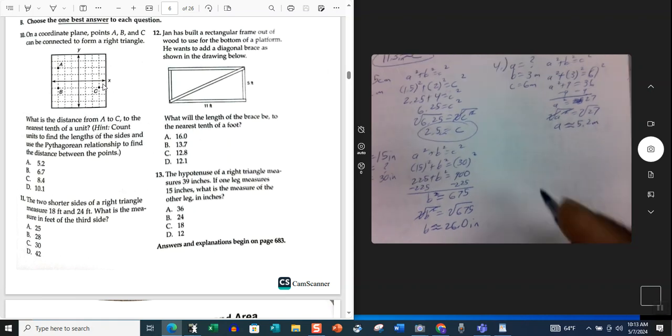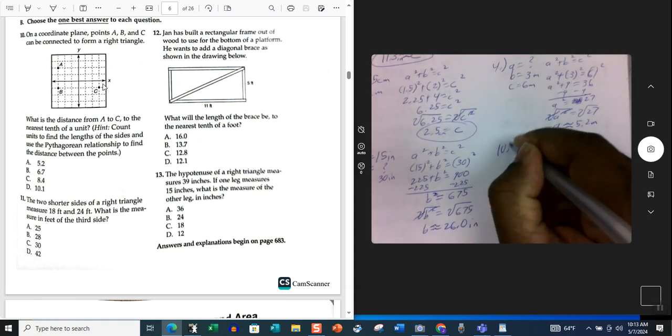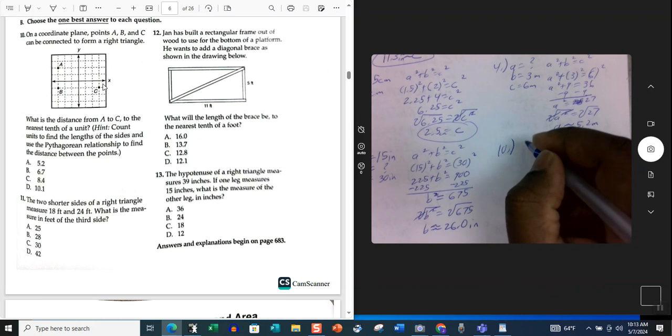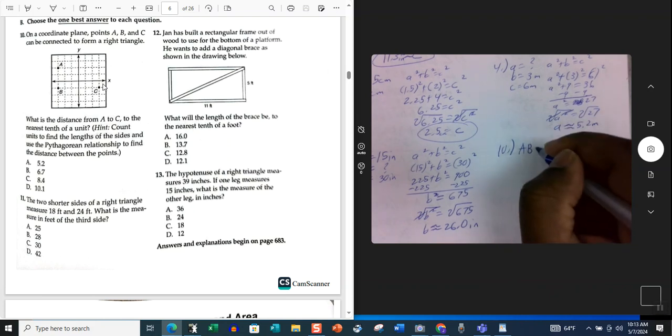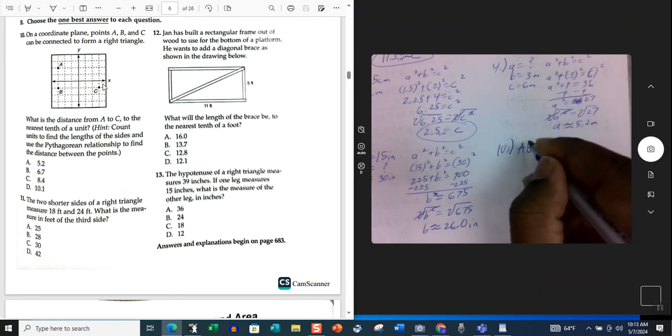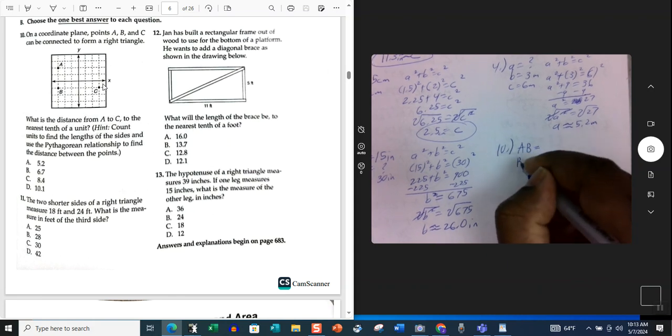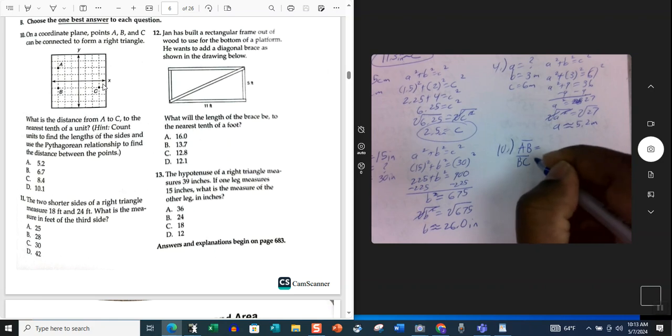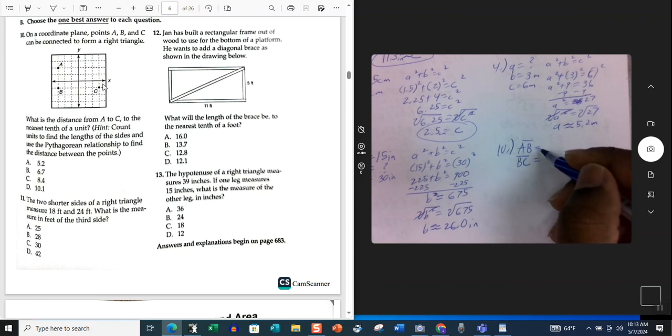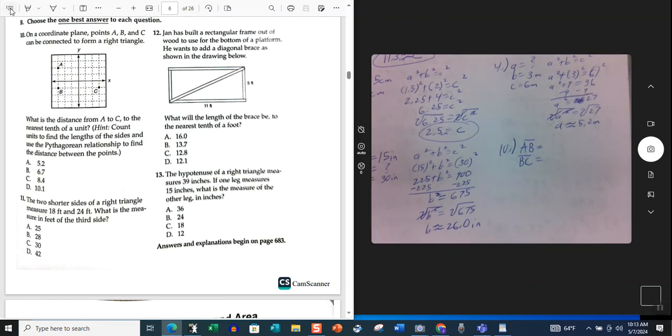So let's go here. So with number 10, we will have side AB, and then we will have side BC. So side AB, if you count it, starting here, side A, we got 1, 2, 3. We go down 3.